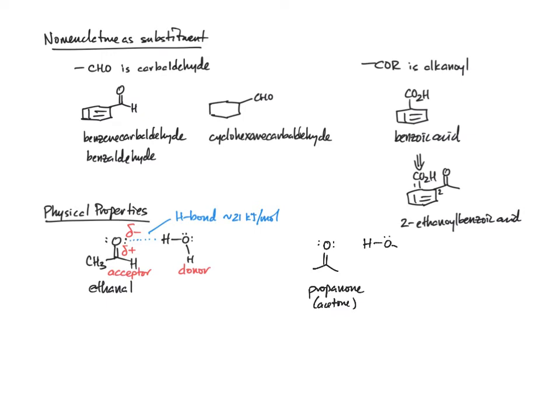Just drawing a molecule of water and a molecule of propanone, we can see that there's opportunity for a hydrogen bond interaction as well. So we would expect these two to be pretty miscible with one another, and they are. Just by drawing these and looking at some simple structural features, we're able to comment on the bulk matter.